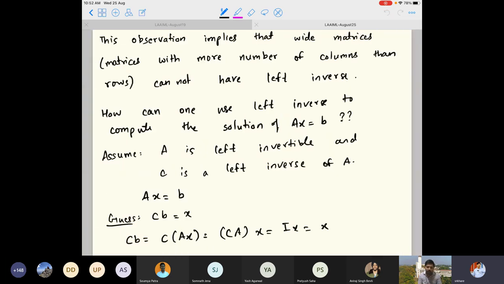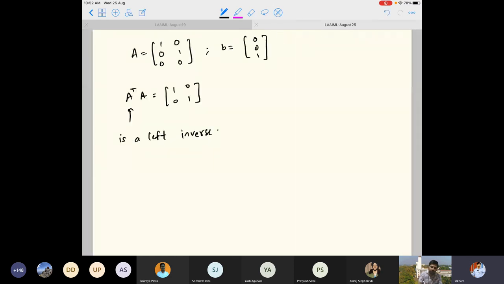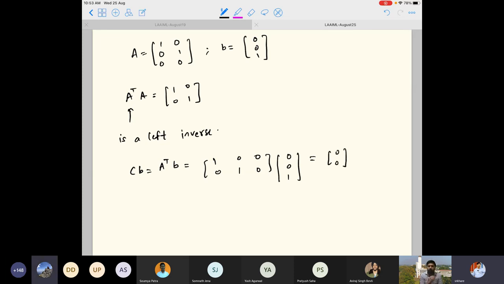So what is the solution candidate that you calculated here? CB is equal to X. That's the solution candidate. So CB is basically A transpose B. A transpose is 1 0 0, 0 1 0. That's your left inverse multiplied by 0 0 1. What would you get? 0, 0. So this is equal to X, you are saying.